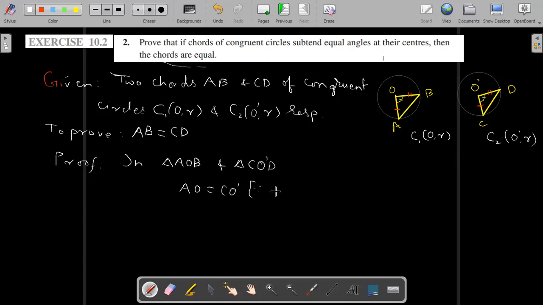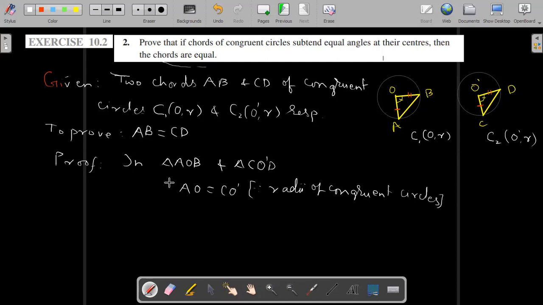Why? Because these are the radii of congruent circles. Here you will write congruent circles. First we are taking two congruent circles, radii of two congruent circles.